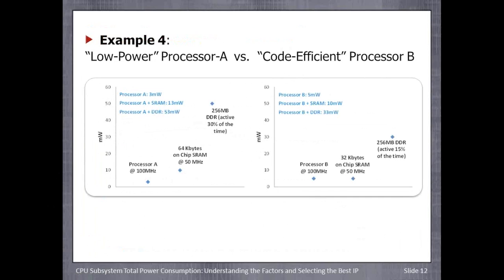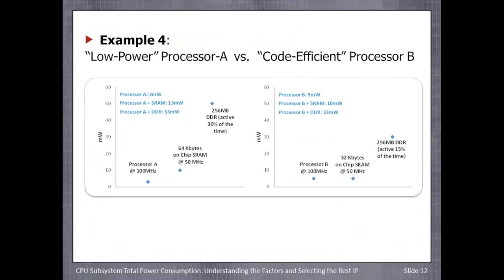If our system would consist of just the CPU and an on-chip static RAM, and if that code would be 64 kilobytes, then processor A would consume about 13 milliwatts, based on the assumption that the code will be 64 kilobytes and that the memory will be accessed at 50 megahertz.